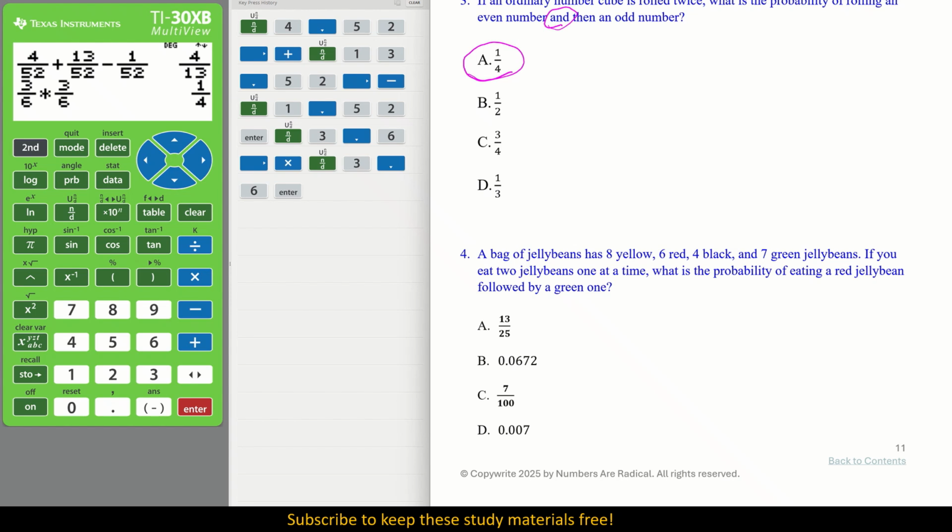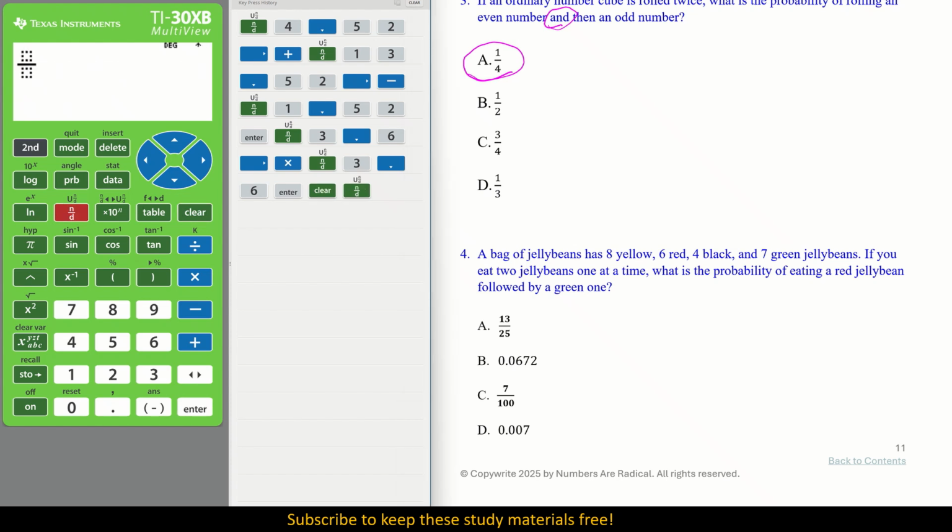Well, it says you have red followed by a green. That situation means you're going to eat both of them. You're going to eat 2 of them, which implies and. So that means we are multiplying. So let's clear out our calculator and I'm going to start my fraction. First fraction is the red jelly bean.